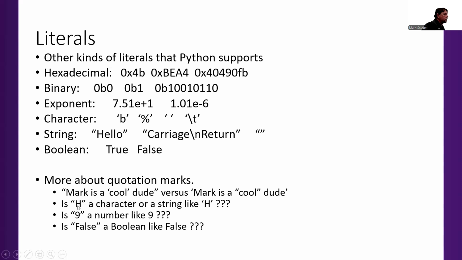Okay, so then the next question, double quote H double quote. Is that a character or a string like single quote H single quote? Pretty much the same. Is double quote 9 the same as just the numeric literal 9? No. Right? I can concatenate things to the character 9, but I would add things to the value 9.